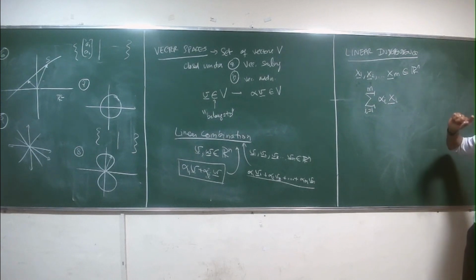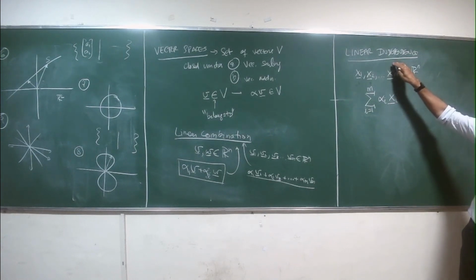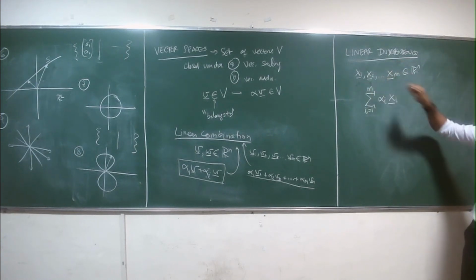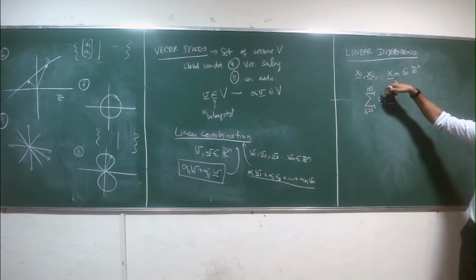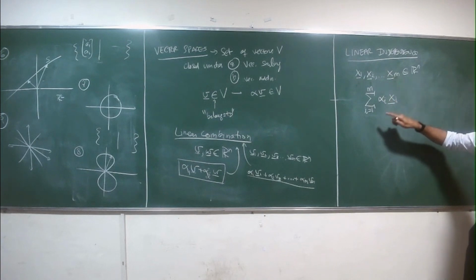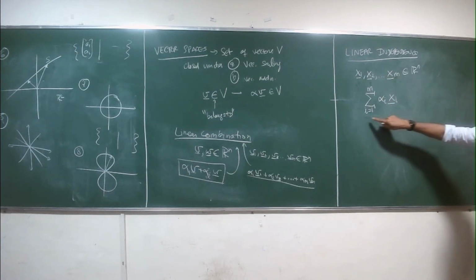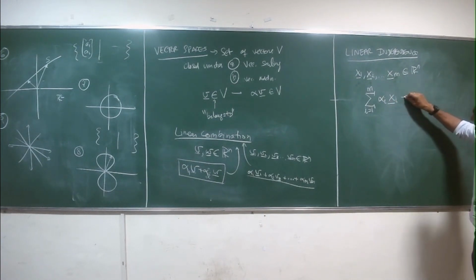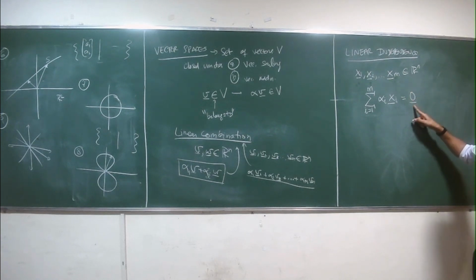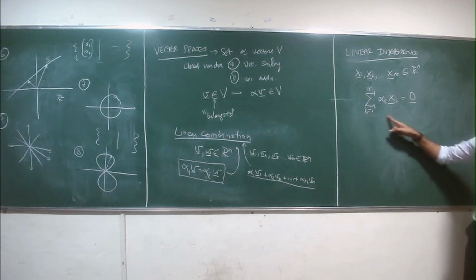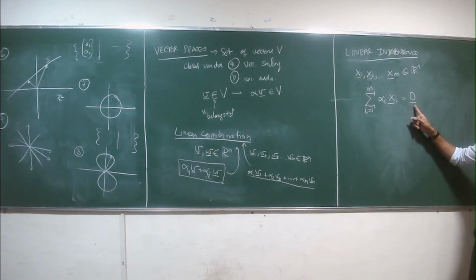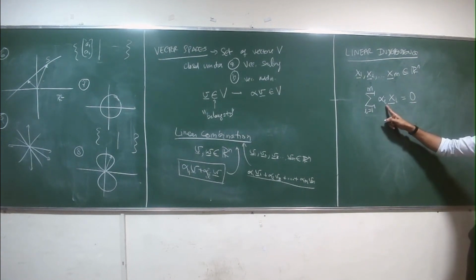The definition of linear independence for a set of vectors is: a set of vectors x1 to xm is linearly independent if this linear combination produces a zero vector only when all the alpha i's are zero.